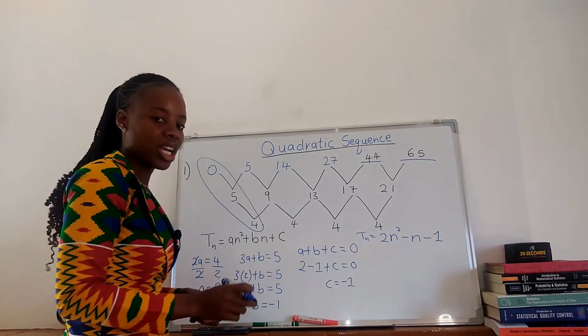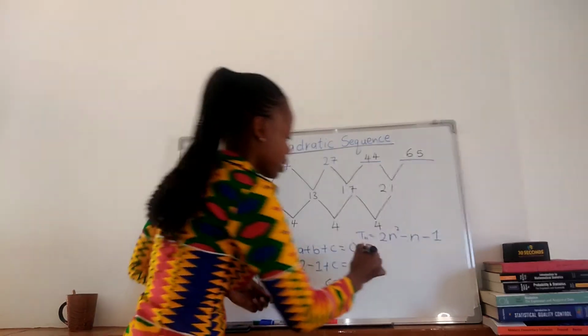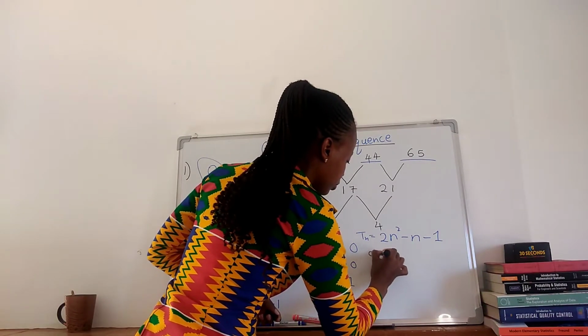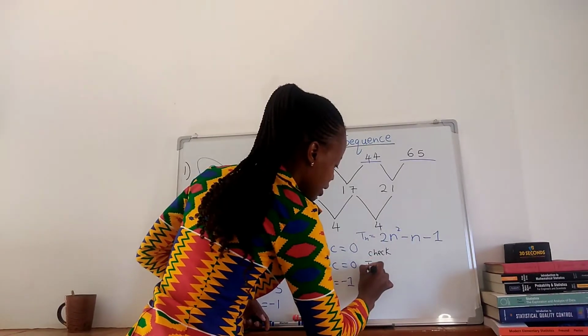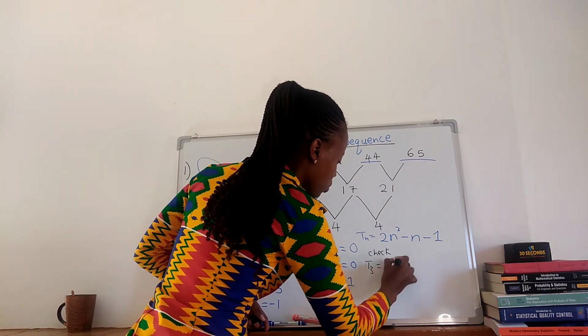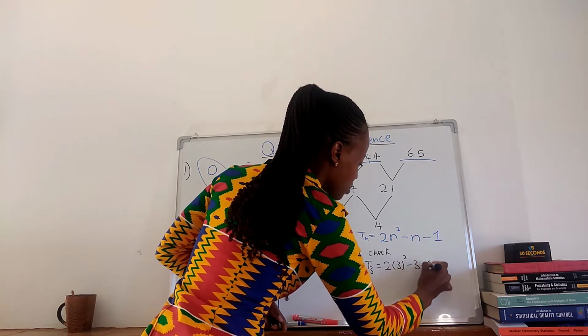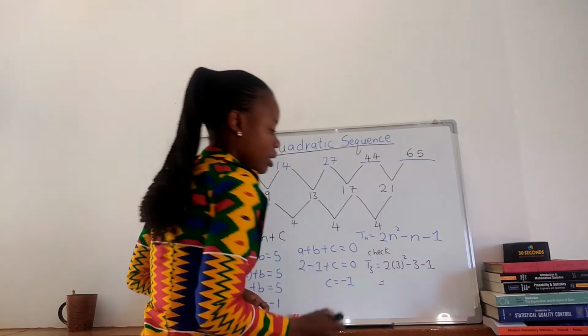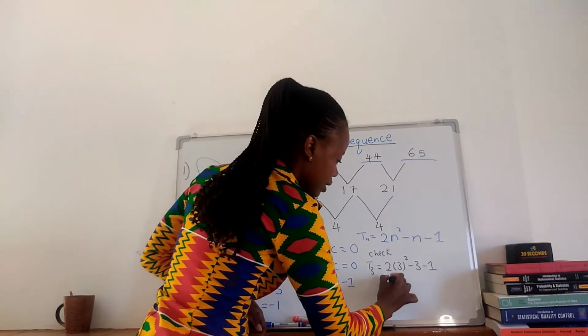So we're going to check if our answer is correct. Let's check. Let's use the third term. T3 equals 2 times 3 squared minus 3 minus 1. This is 9. 9 times 2 is 18.